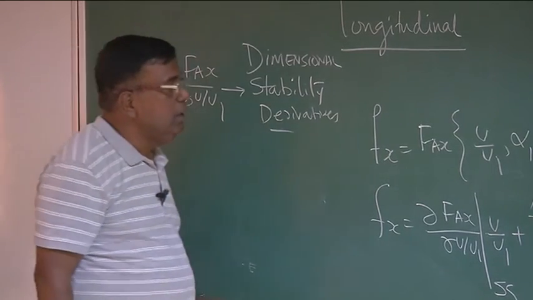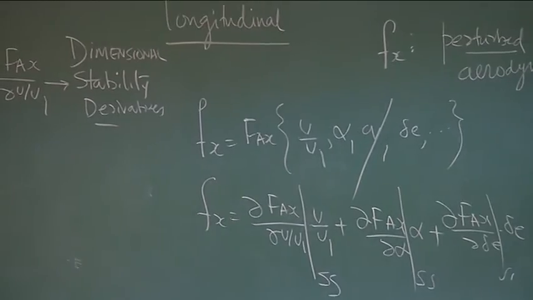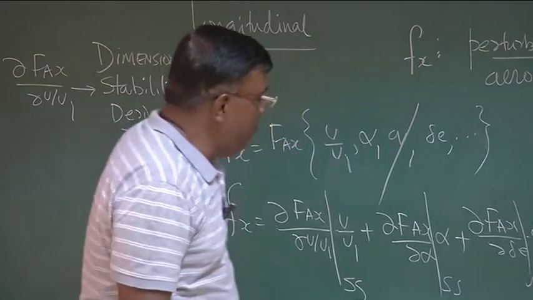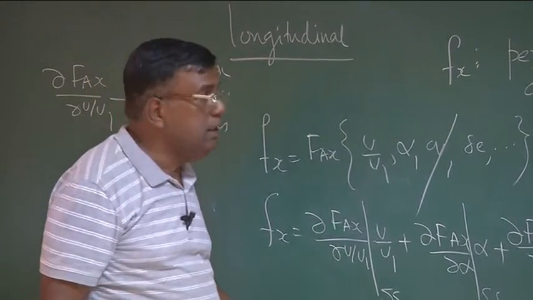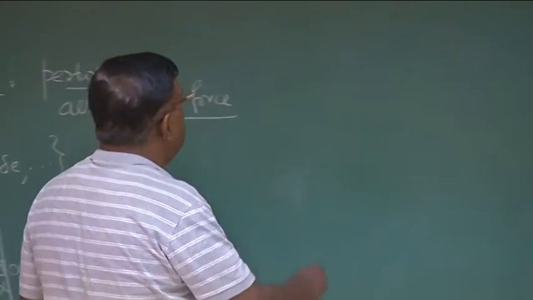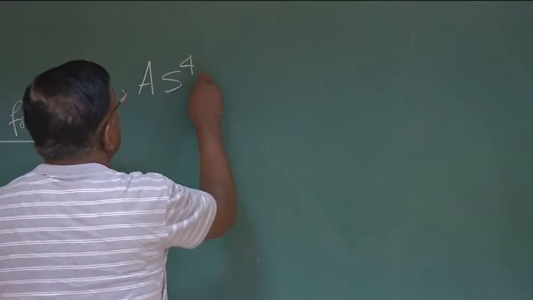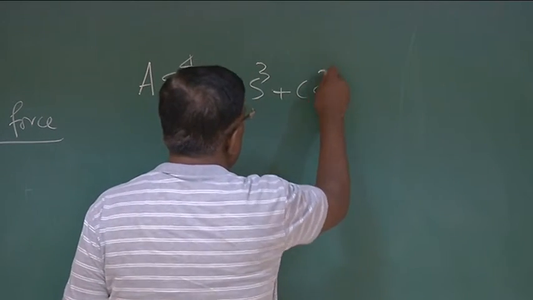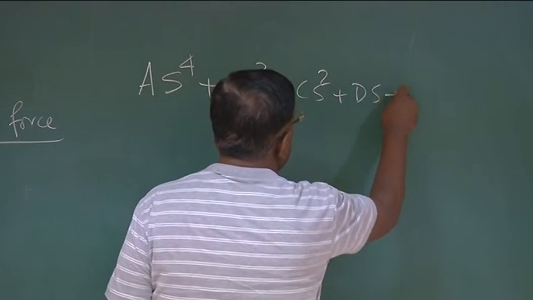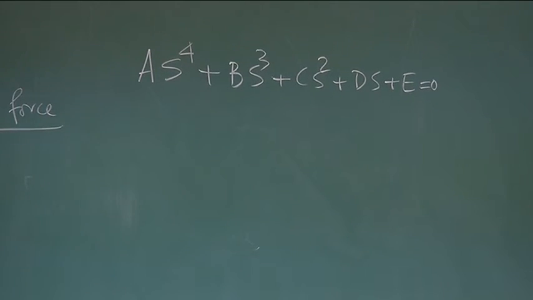Okay? This one we did. Then what we realized, once we developed the equations of motion, which are called longitudinal perturbed equations of motion, we took Laplace transform, right? And through Laplace transform, we developed equations of the form a s to the 4 plus b s cube plus c s square plus d s plus E equal to 0, right?